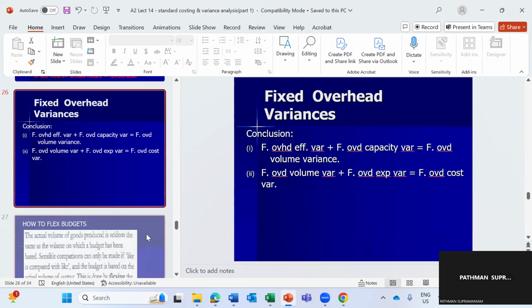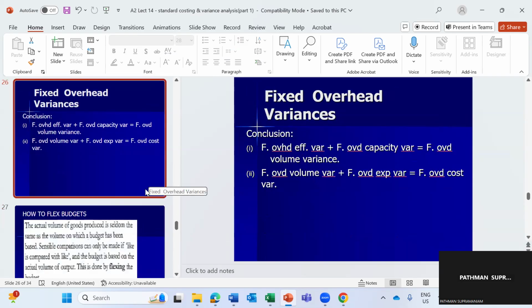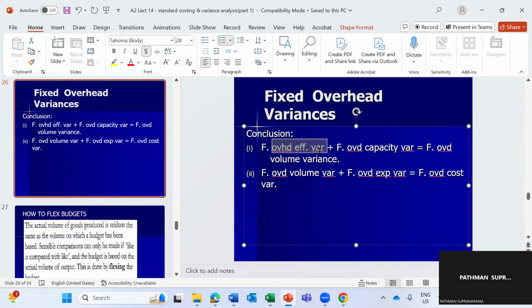So that is the conclusion. Fixed overhead efficiency variance plus capacity variance is what we call volume variance, which means volume variance is broken down into efficiency variance plus capacity variance. Combine these two variances and you'll get the fixed overhead volume variance.